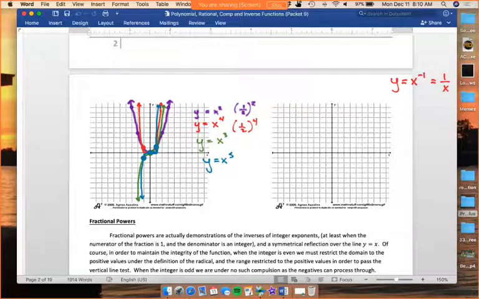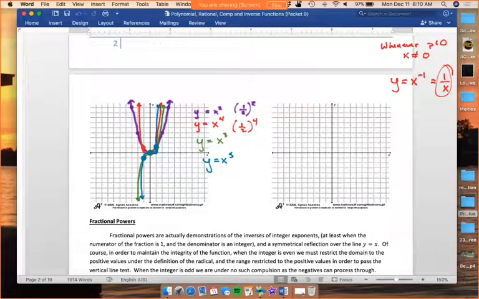So it might be helpful to remember whenever p is negative, x can't equal 0. And if x can't be 0, then y is not going to be 0. There's no way you're going to get a 0 out of this fraction. The only way you could get a 0 out of the fraction is if the numerator is 0.